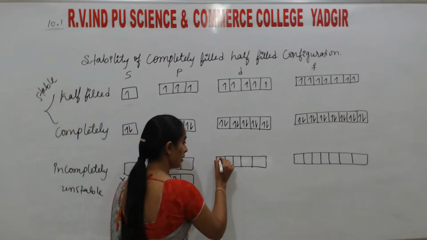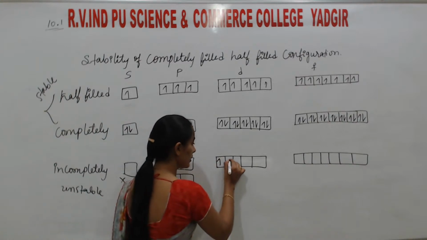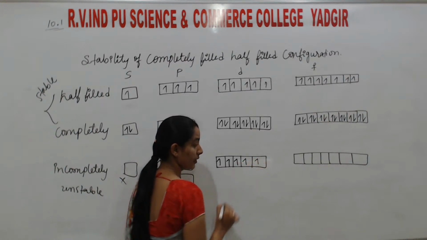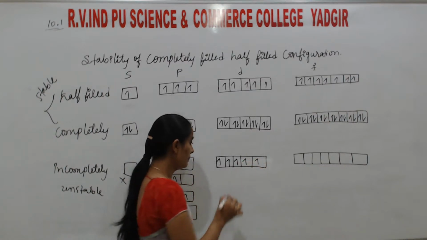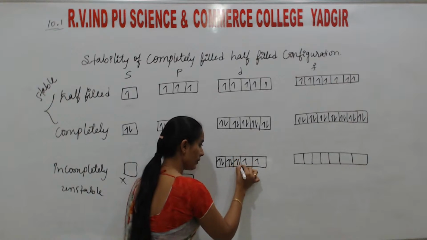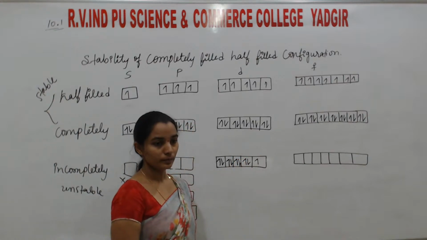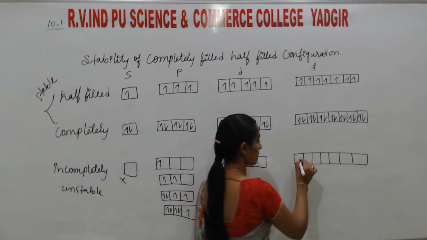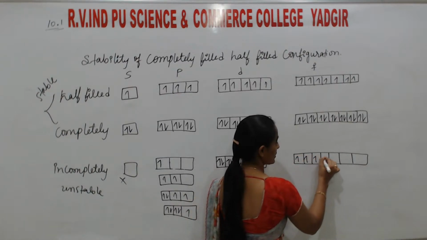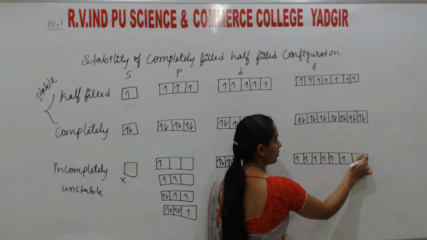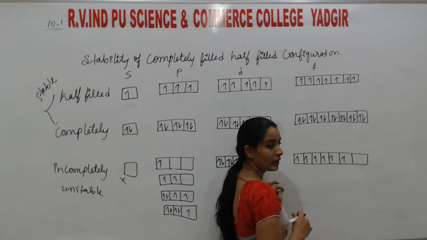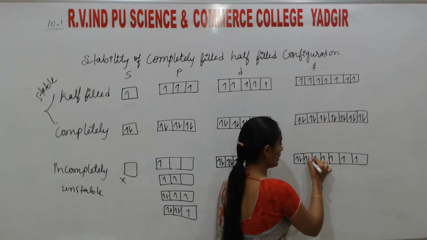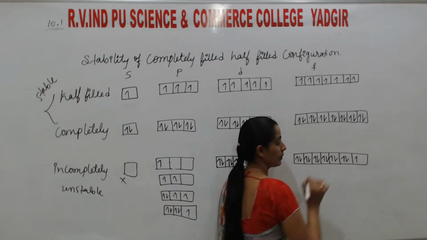Here also incompletely filled, then another electron and it becomes stable. Here also the same. Single electrons without any pairing, that is incompletely filled. One to six, this is half-filled, stable.